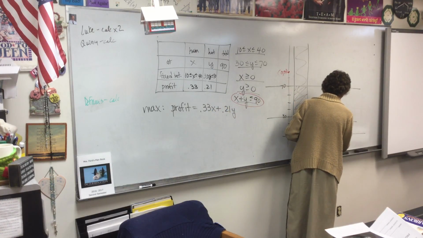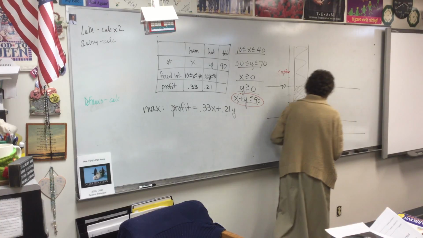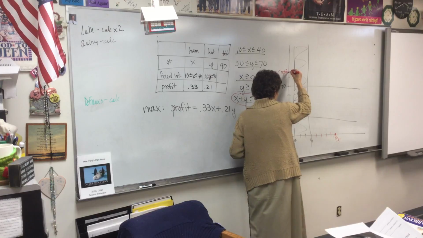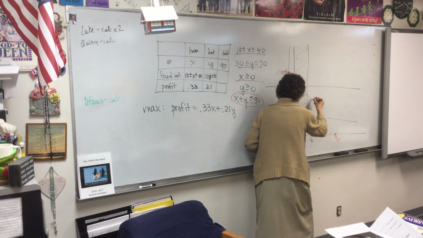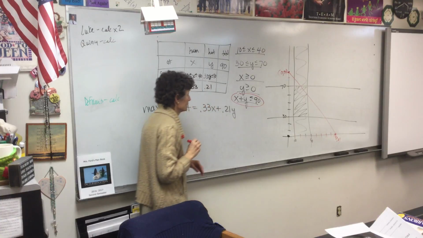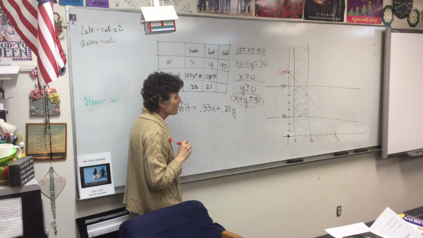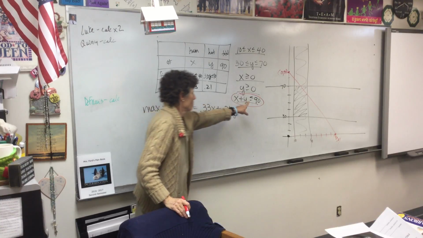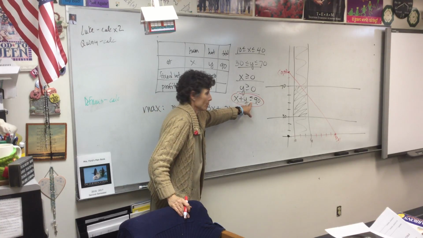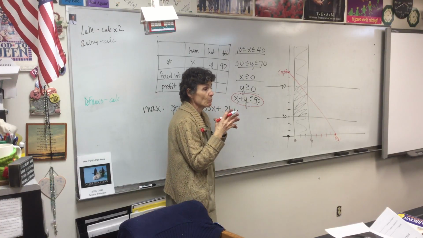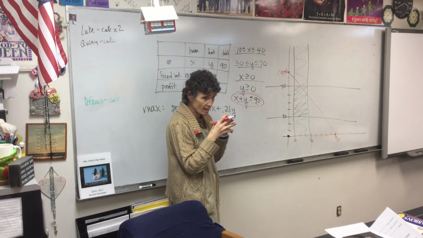Now your graph is going to look a lot better than mine because obviously I don't have a grid. But now I'm going to draw the line connecting those 2 dots. And where do I shade it? Under. Now remember though, we already were confined to the box, right?